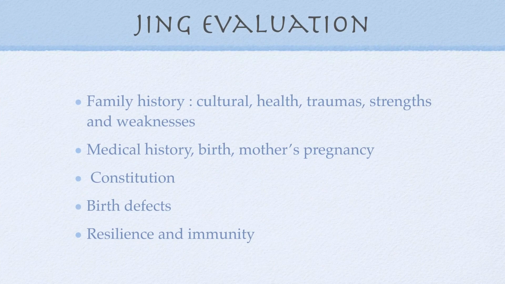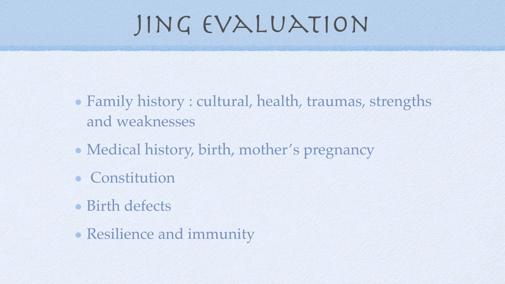So the first thing that you would do with a Chinese medicine practitioner, and that you do with any doctor, is, of course, to tell your family history, because it represents the cultural background, the health background, some of the major traumas that have happened in the family, and therefore, to a great extent, the strengths and weaknesses of your own Jing.